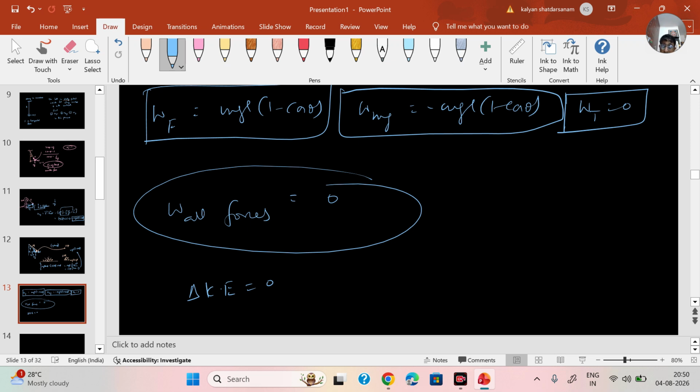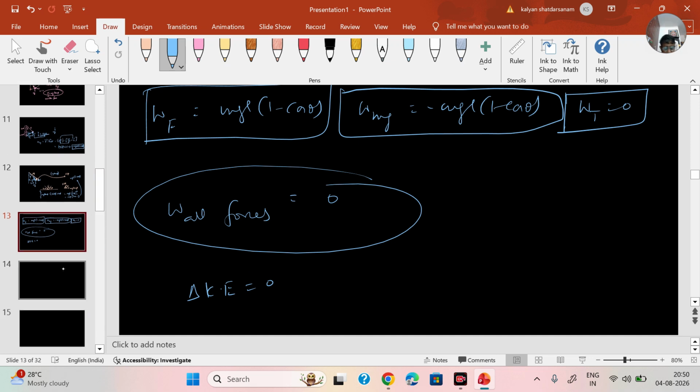Third case is if F is perpendicular to ds at every moment, then work done by such a force is zero. It should be perpendicular to ds always, not at one instant. Every instant, if force is perpendicular to ds, work done by such a force is zero. This is what we have to begin with.